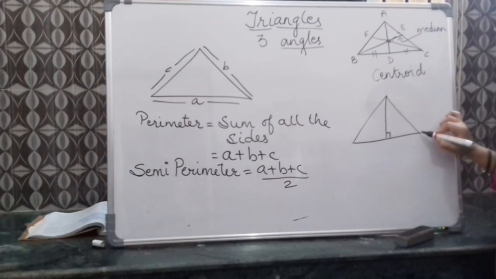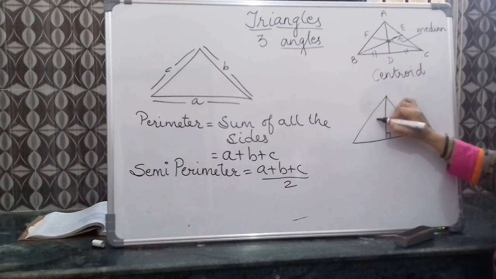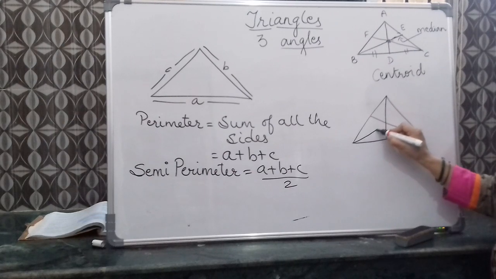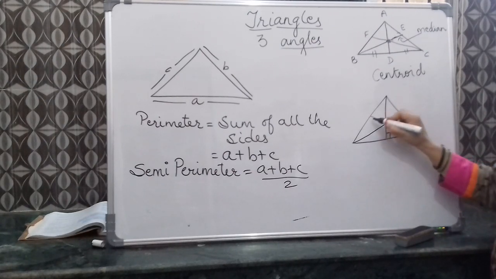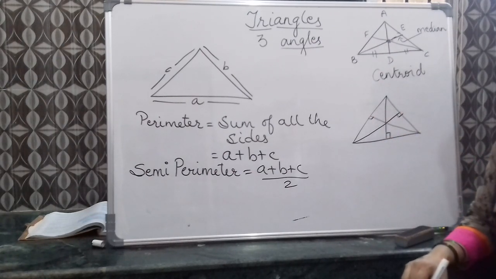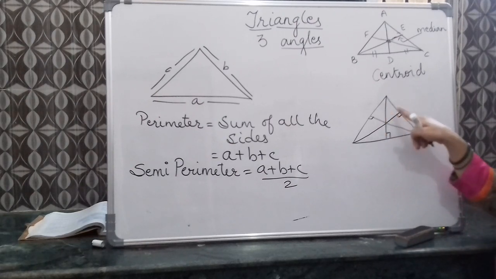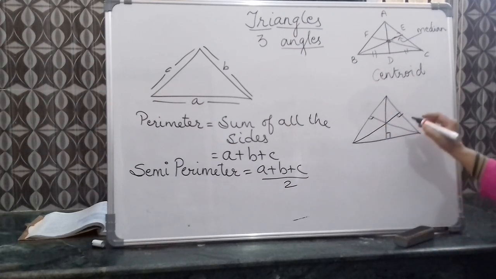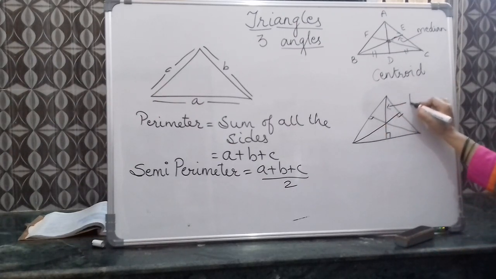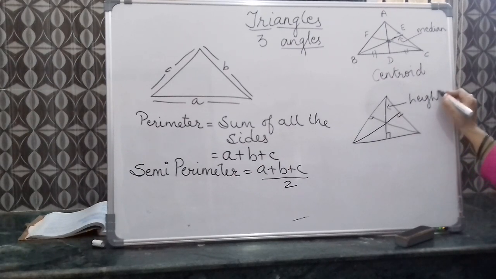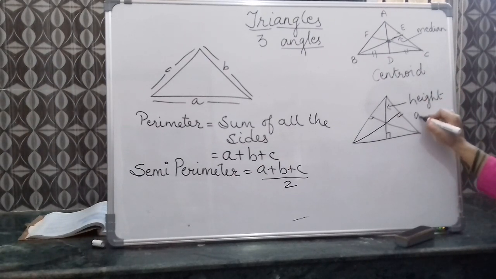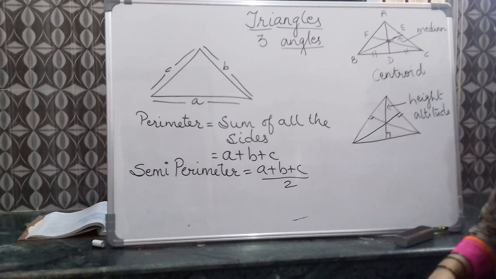At the same time, in a triangle there can be 3 heights, and you can call them height or altitude.